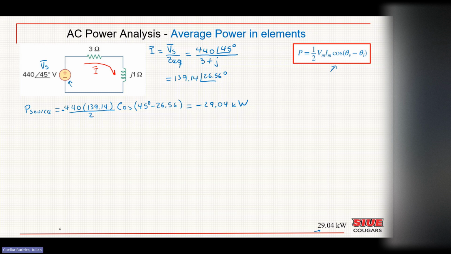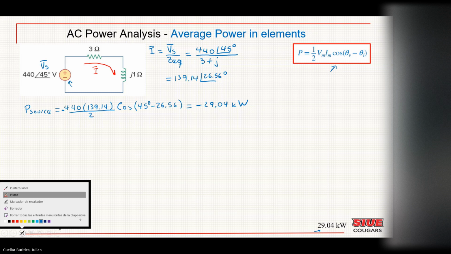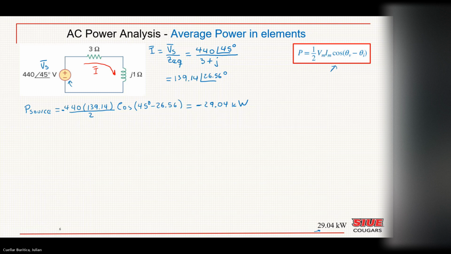Now, let's compute what's going to be the power on our resistor. First, we need to compute the voltage over the resistor. Voltage over the resistor is going to be I times the value of our resistor.